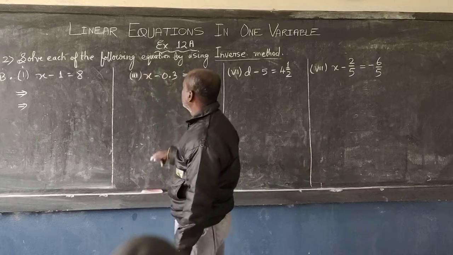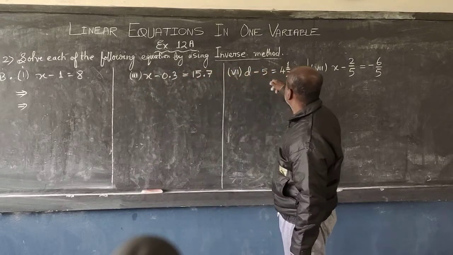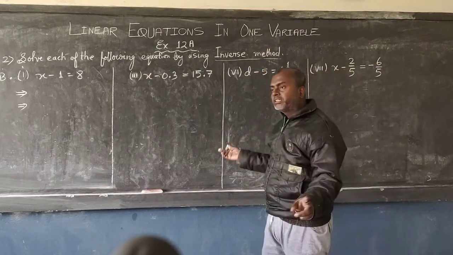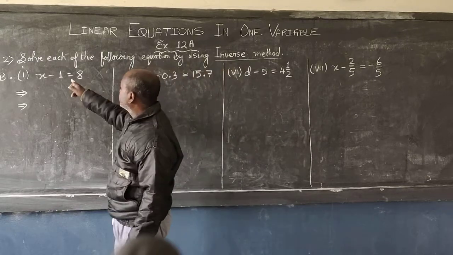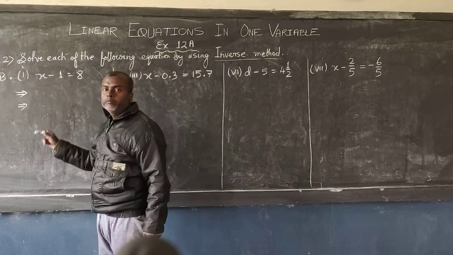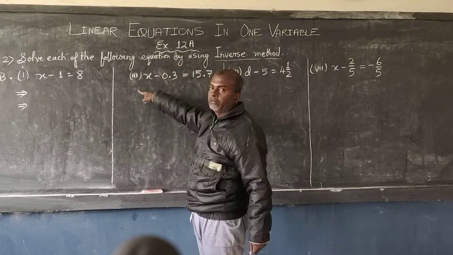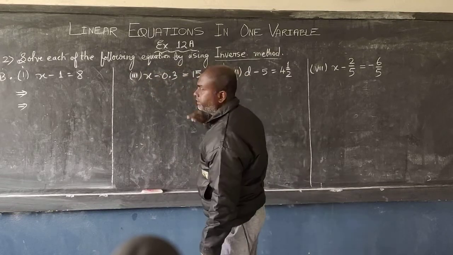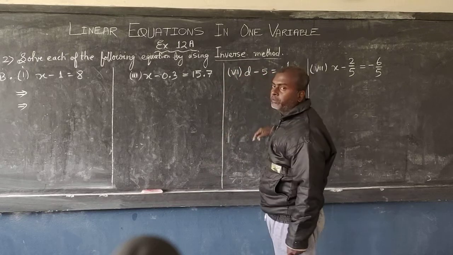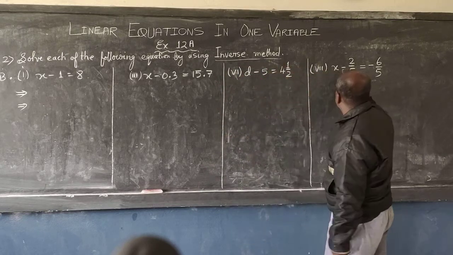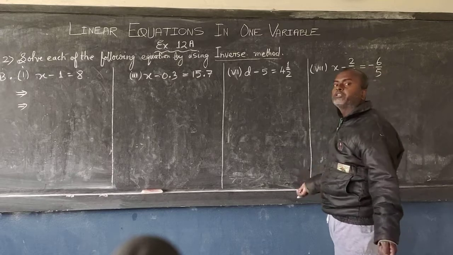But here we have all minus: b minus, x minus. It's the same thing. To remove this minus 1, you will have to give plus 1. To remove this minus 0.3 on the left side of the equation, you have to give plus 0.3. To remove minus 5, you have to give plus 5. To remove minus 2 by 5, you have to give plus 2 by 5.